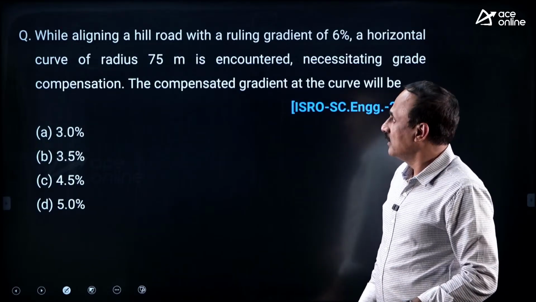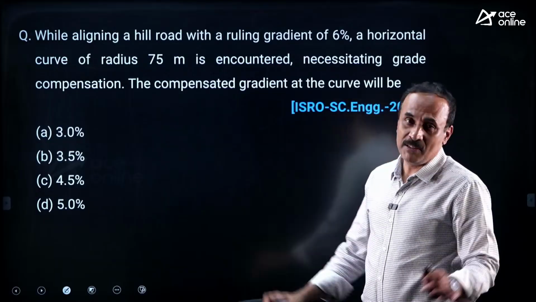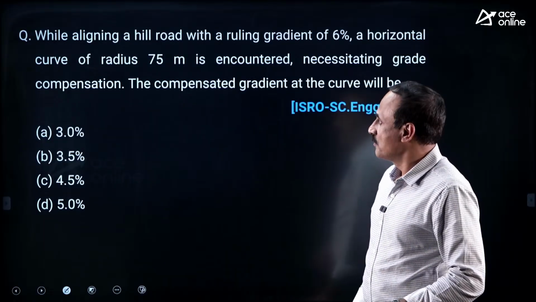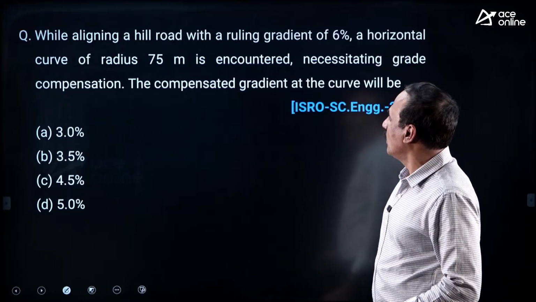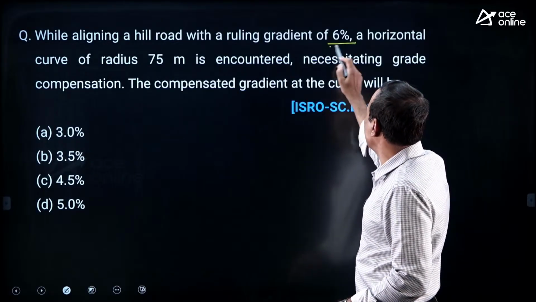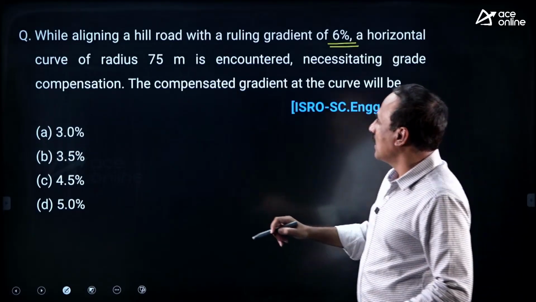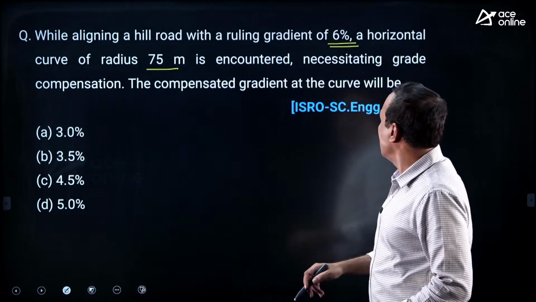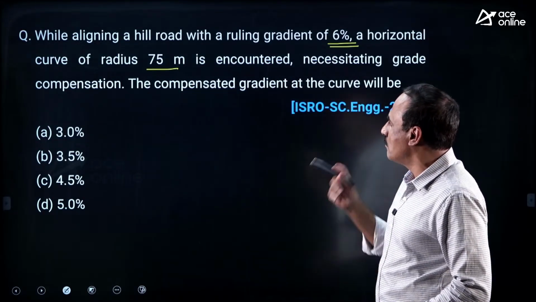Read this question. Numerical means you have to be careful. Let us see. While aligning a hill road, a rolling gradient of 6%, horizontal curve of radius 75 meter is encountered, necessitating grade compensation.